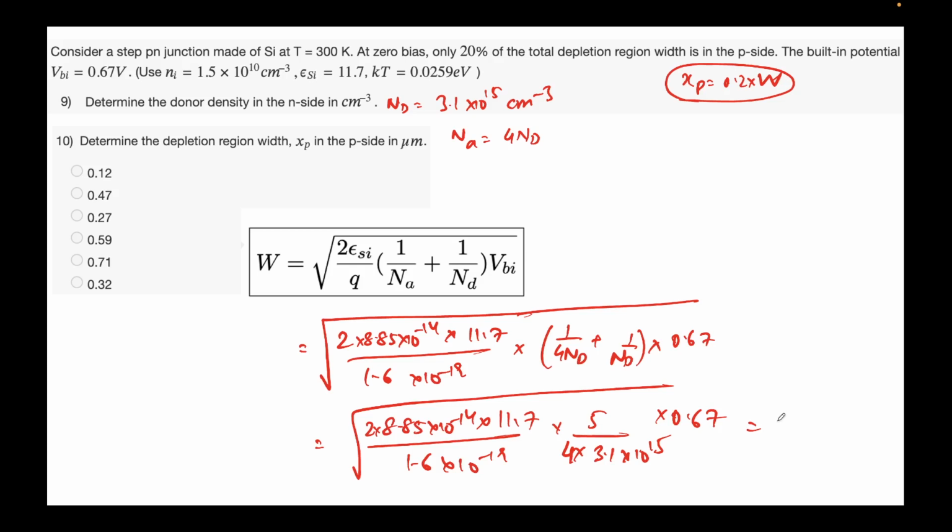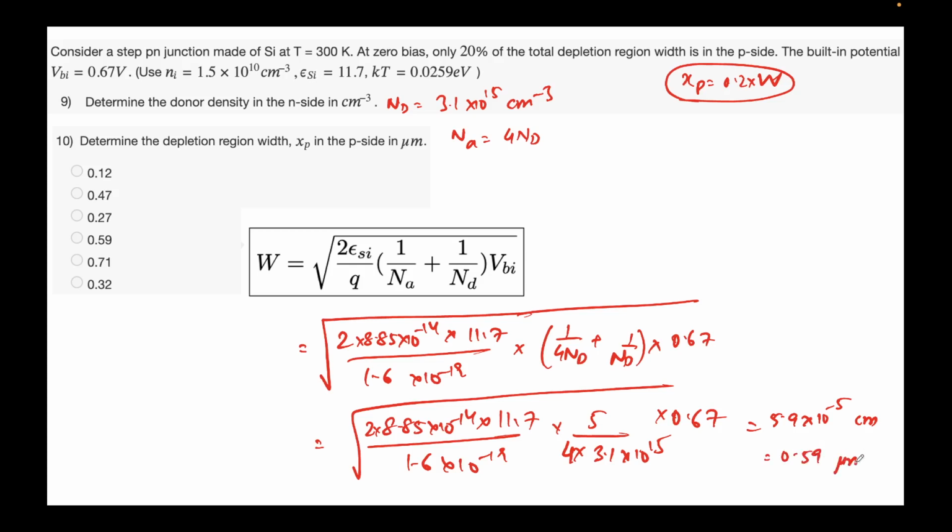Okay, so the square root of this is coming out to be around 5.9 into 10 to the power minus 5. Mind you, centimeter.